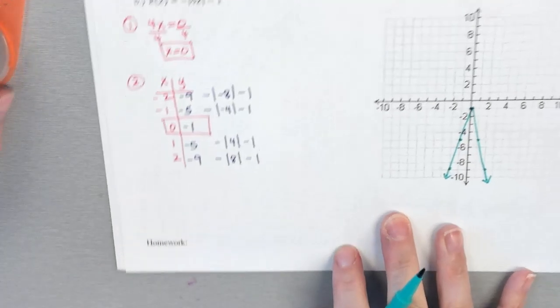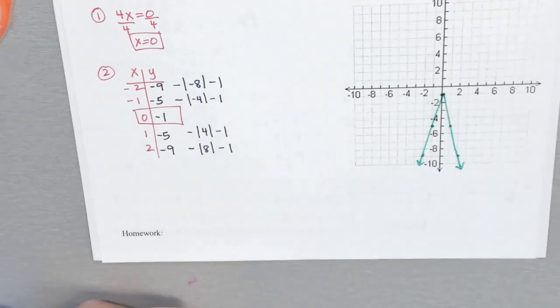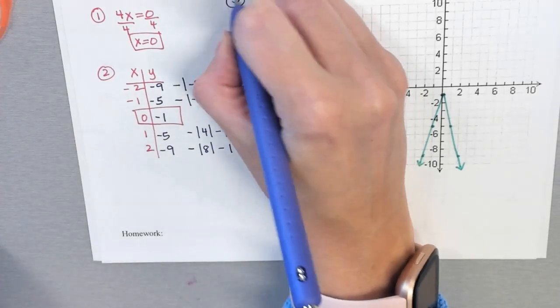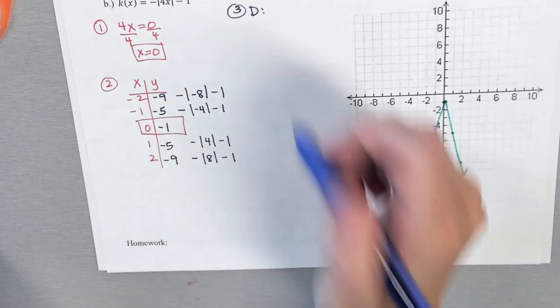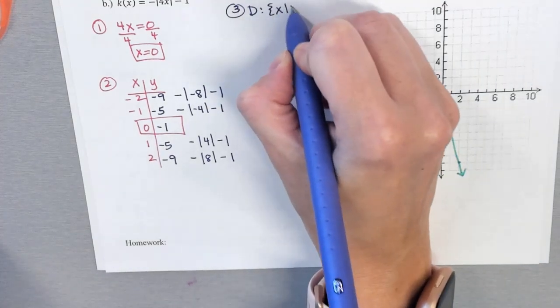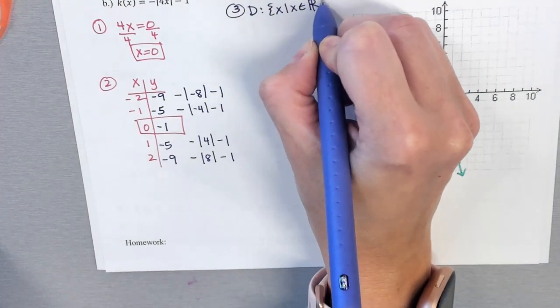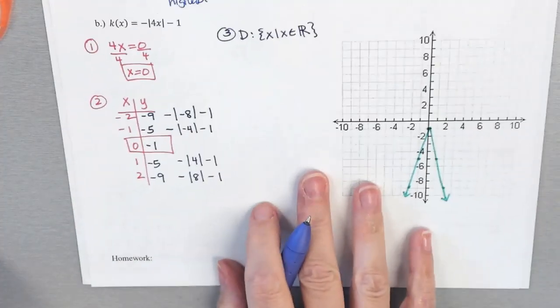So that is going to affect our range. Okay, your domain, this is still going to infinity, negative infinity, and infinity. So your domain is still all real numbers.